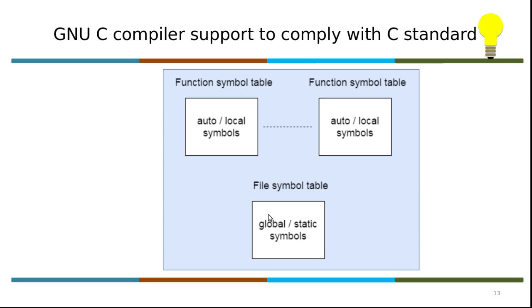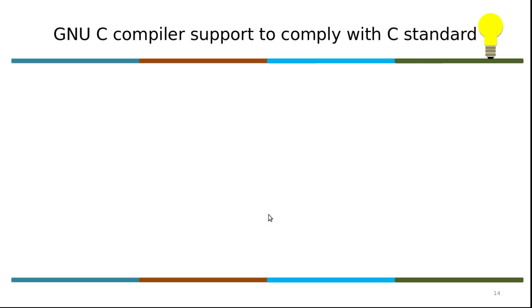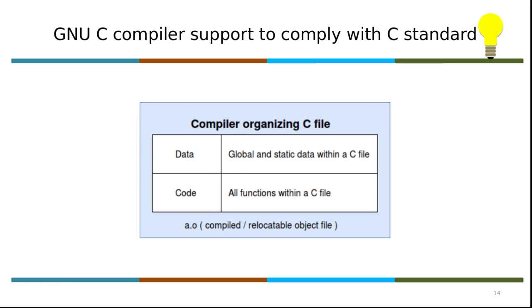So how does the compiler ensure the lifetime is guaranteed for a particular data based on the semantics? All global and static data within a C file will be in the data section. In the object file, I am just saying for an a.c file, the compiler will generate an object file, or compiled object file, called a.o. Within that file, you will have the data section where all the global and static data is stored, and all the code is stored in the functions.